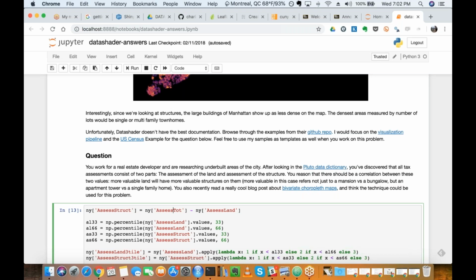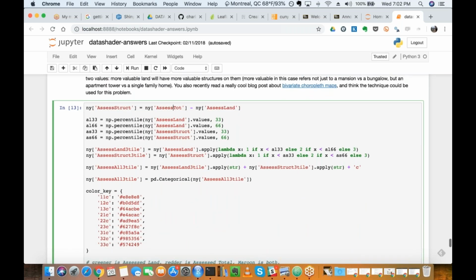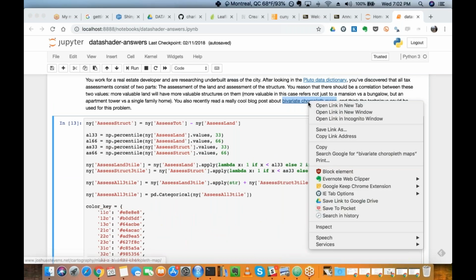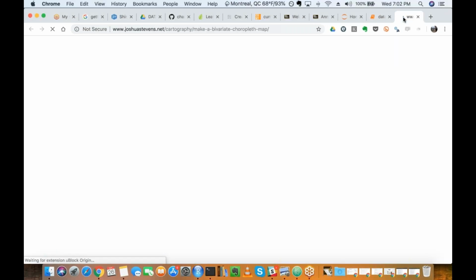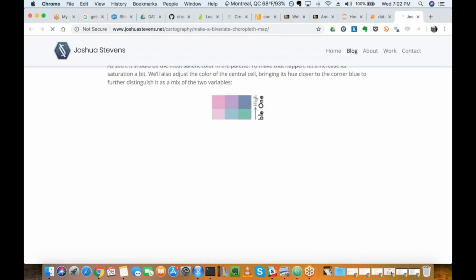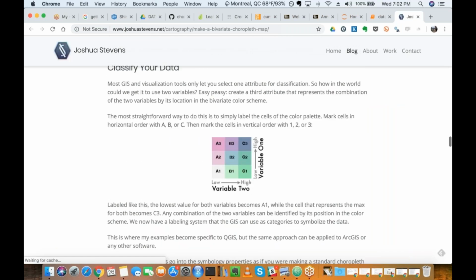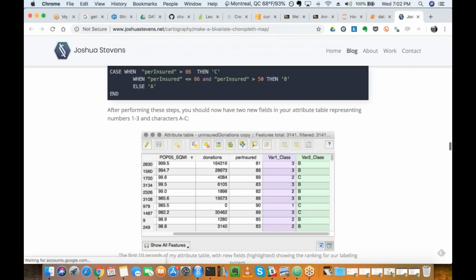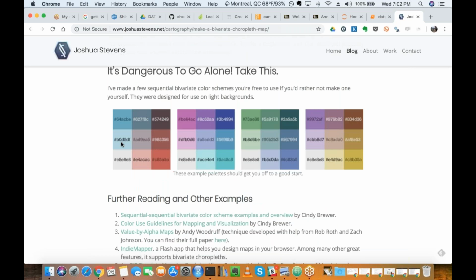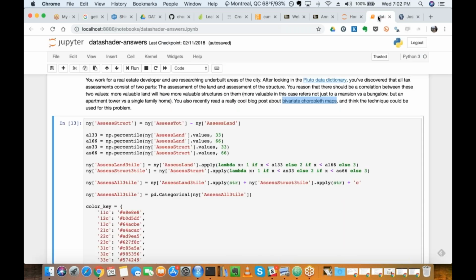So looking at this, we have assessed total and we have assessed land. What I did was map it out to one of the color scales that we have here. Scrolling down to the bottom, this author provided us with some good color scales to use, so I just picked one of these and used it.